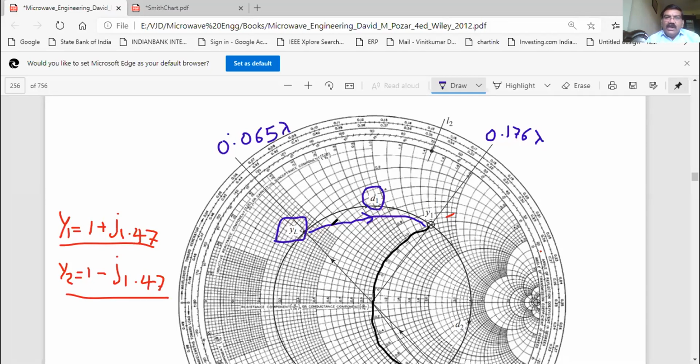We have to find it out. How will we find it out? You just take the difference of these two, because it is from this point to this point. If you take the difference of these two, you will get D1.